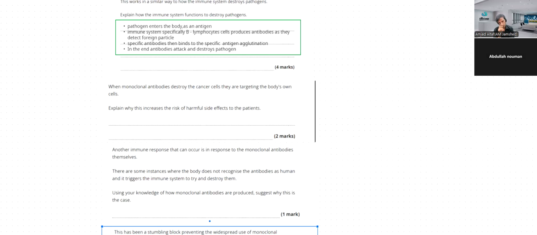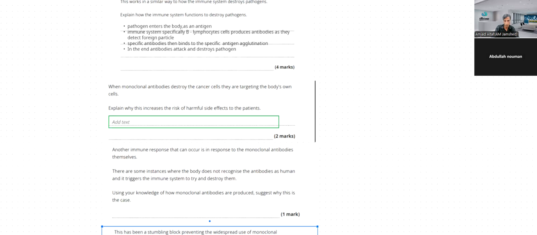This increases the risk because monoclonal antibodies may target healthy cells which are not the cause of cancer, increasing the risk of harmful side effects, basically damaging the person who is taking the monoclonal antibodies.